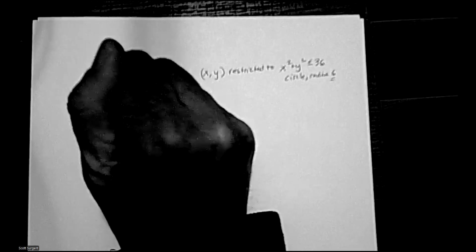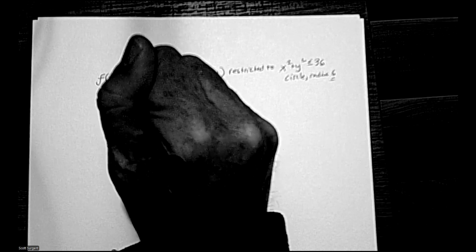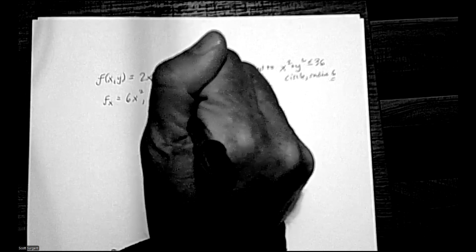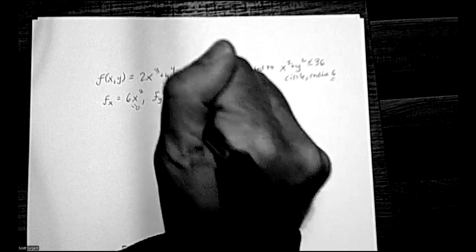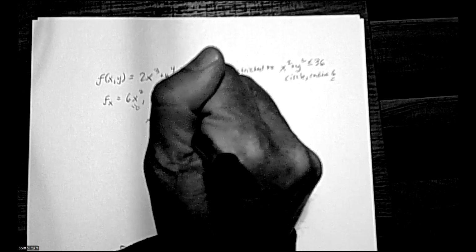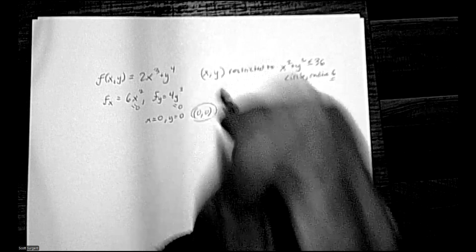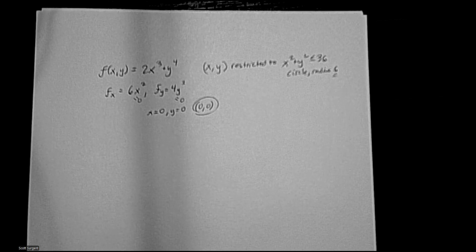We're just going to find partials. I get 6x squared for f sub x. For f sub y, I get 4y cubed. Now, when I set them to 0, I just get x and y are 0. So that's a critical point. I'll put a little circle around that. And that's going to be it for critical points from that.